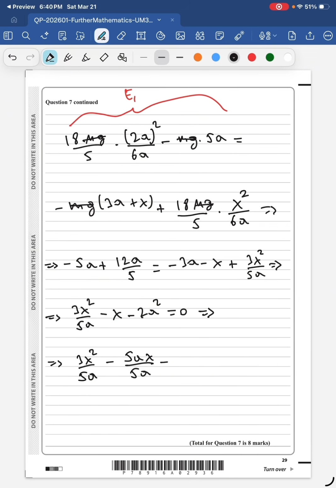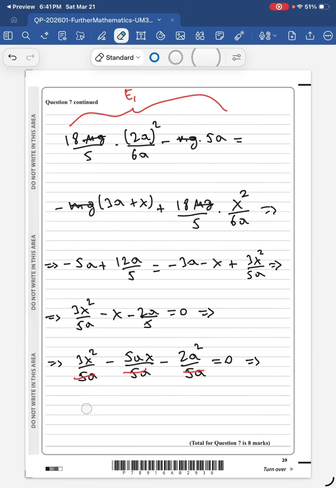This is minus 2a squared over 5. I'm sorry, it skipped my attention. Okay, so this is 2a. Sorry for that step, I messed it up. So 3x squared, okay, and then minus 2a squared over 5a is 0, and since 5a is not 0, you can cancel the denominator, and we are left with this equation.